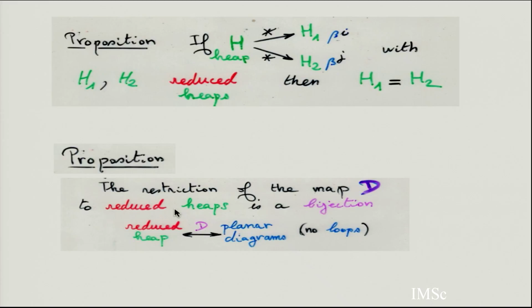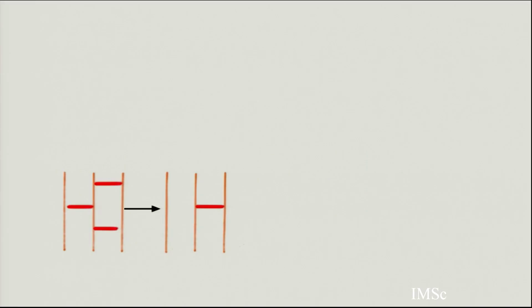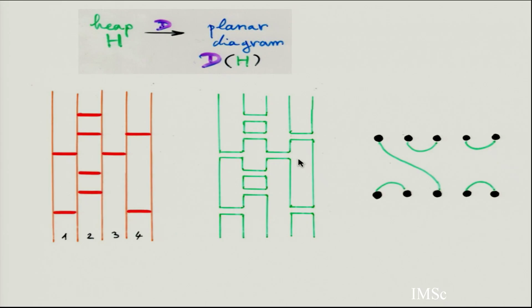The last one. I should say the reduced planar diagram, like this, you see. This is a planar diagram associated to a reduced heap of dimers, and this is a reduced planar diagram. So see, it's an invariant, the planar diagram. This is a planar diagram, but you reduce it. One has loops. Here there are loops.